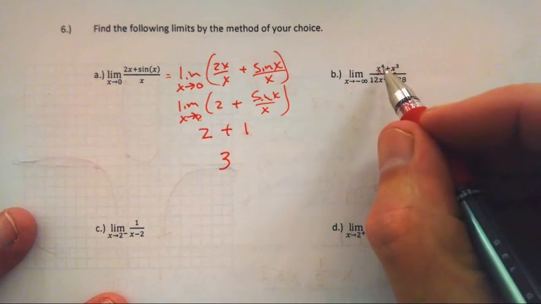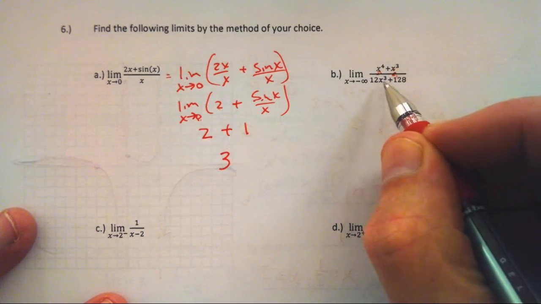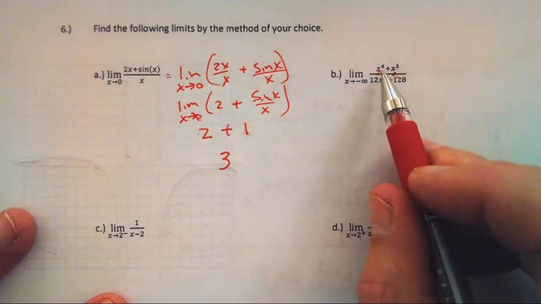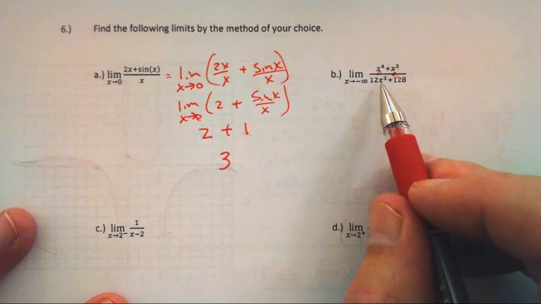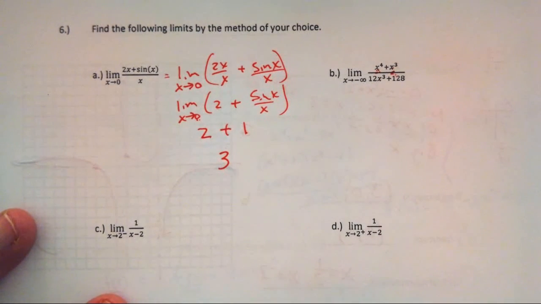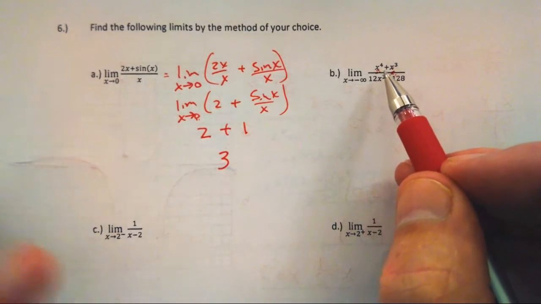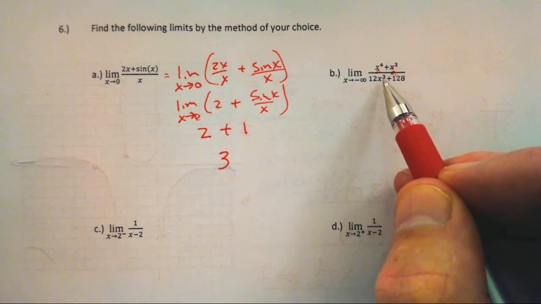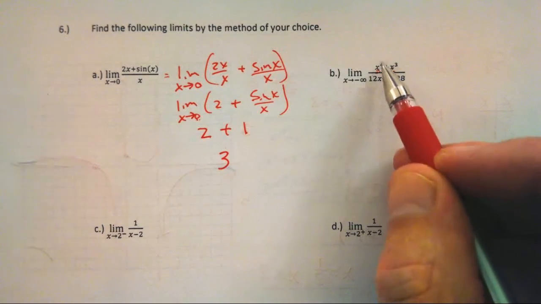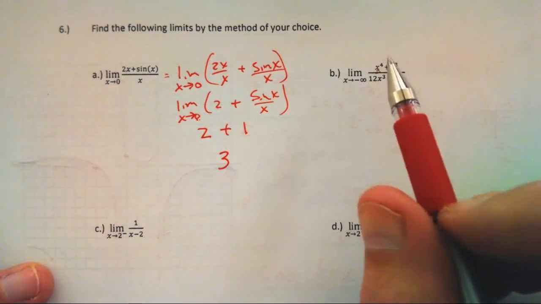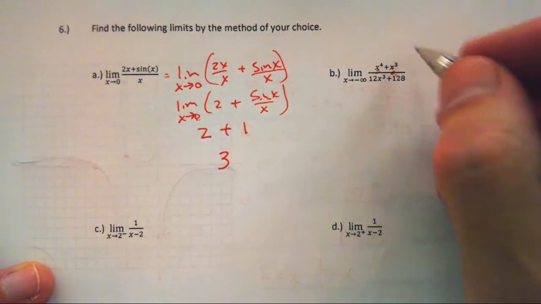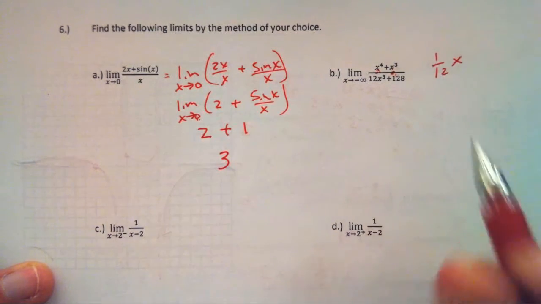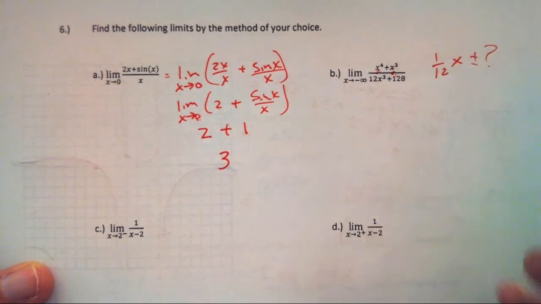12x cubed. So I end up with x to the 4th on 12x cubed, which wants to look like x on 12. Right? X cubed reduces. Now, it wants to look like x on 12, and I could go ahead and long divide and figure out, like the problem above, is it 1/12 x plus or minus something?